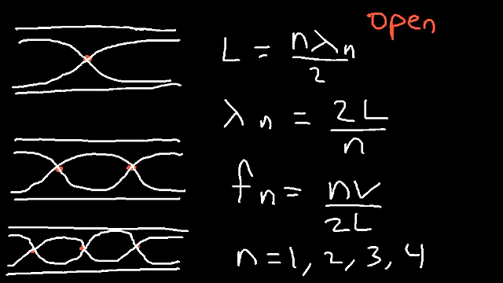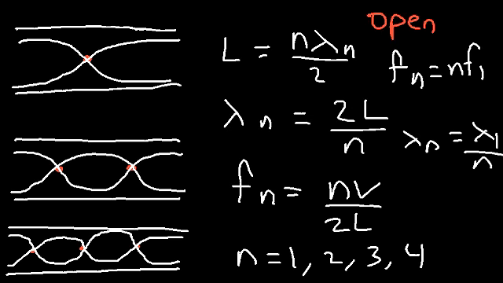Now the other equations still apply. For example, Fn is still n times F1, and lambda n is still lambda 1 divided by n. Now keep in mind that the waves that you see here for an open organ pipe represent the displacement of air.